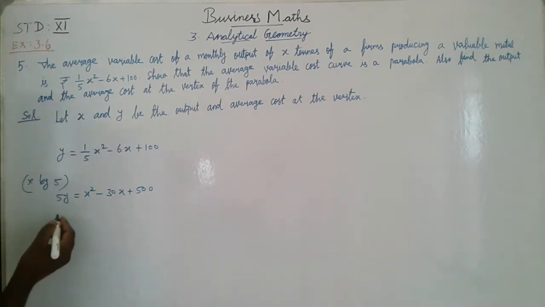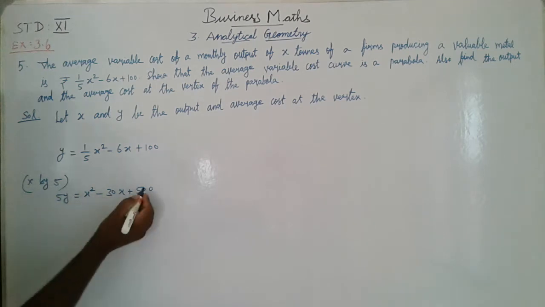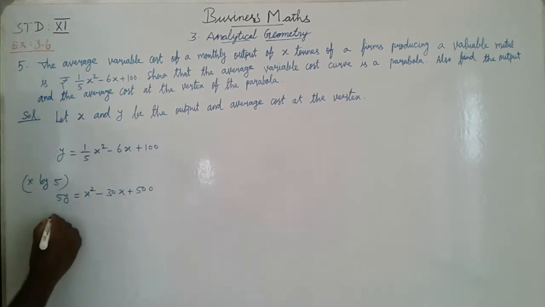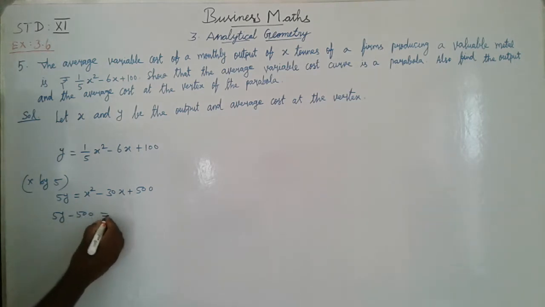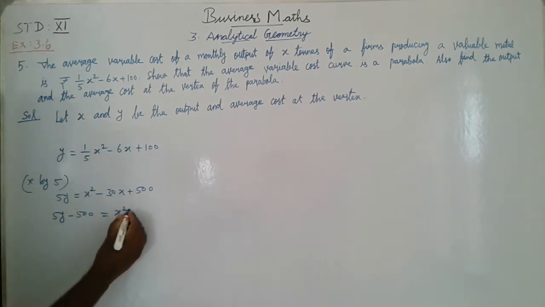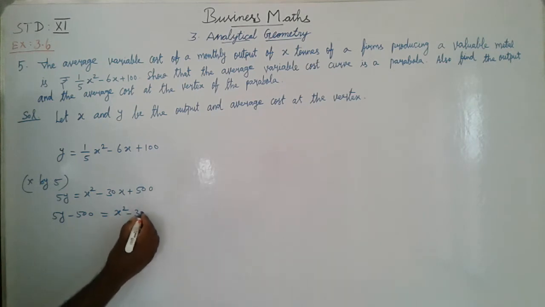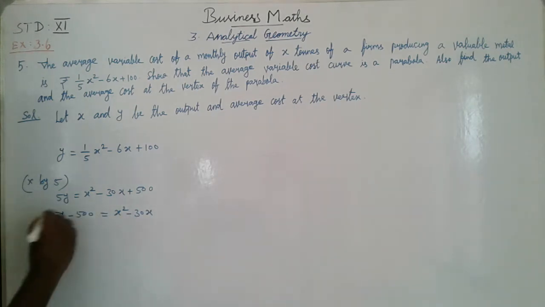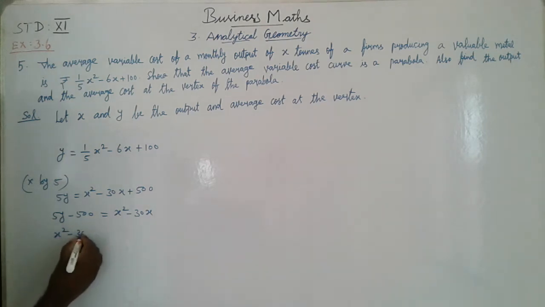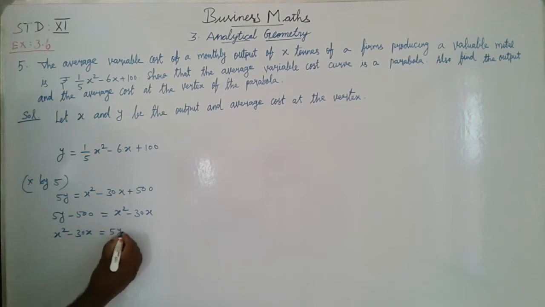We should take the y terms and the constant term to one side. 5y minus 500 equal to x square minus 30x. Interchanging sides, x square minus 30x equal to 5y minus 500.